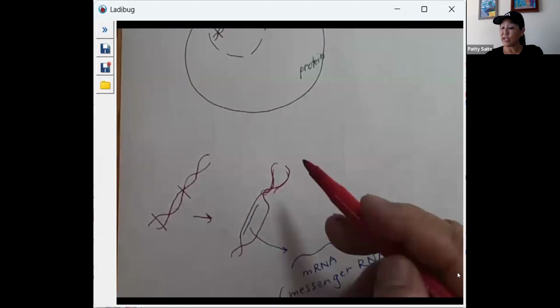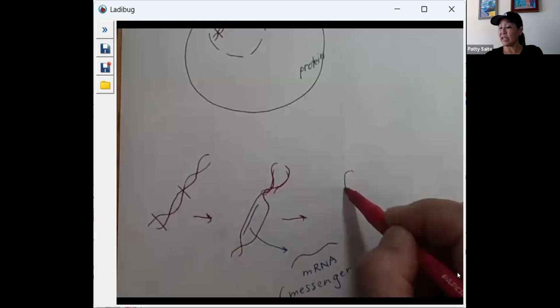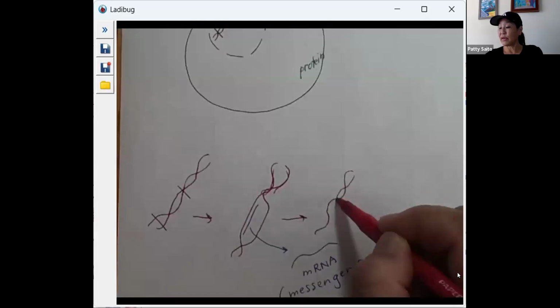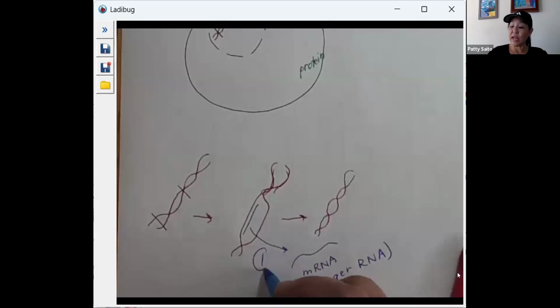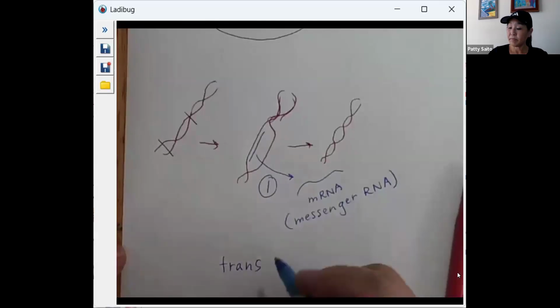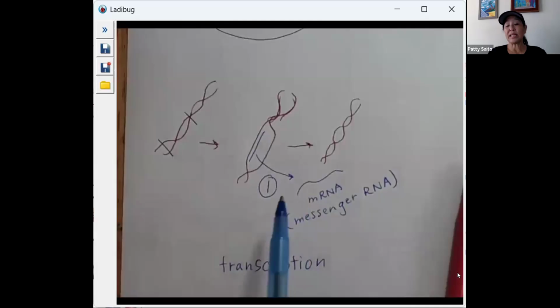And then strangely, this DNA winds back up after that piece of DNA is read and made a copy of. This first process is called transcription. Okay, we transcribed it.